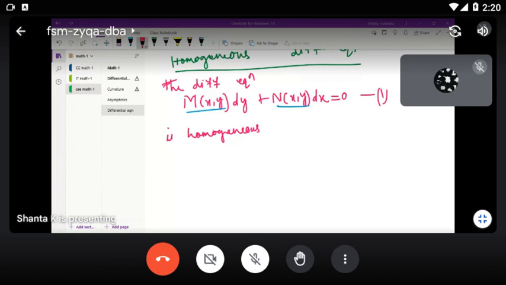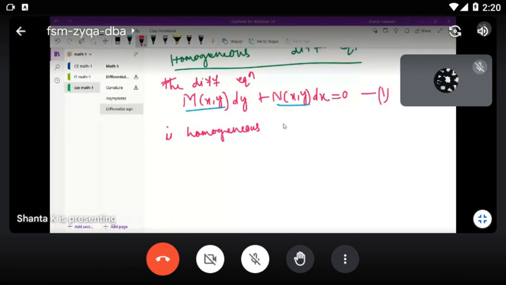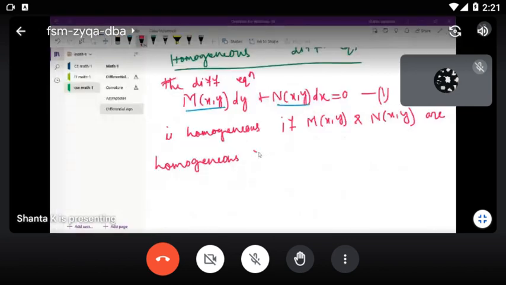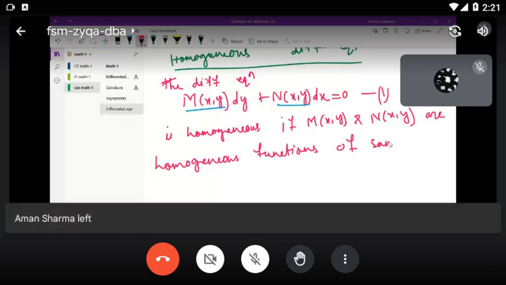Okay, the differential equation is homogeneous if M of x, y and N of x, y are homogeneous functions of the same degree. This is important.